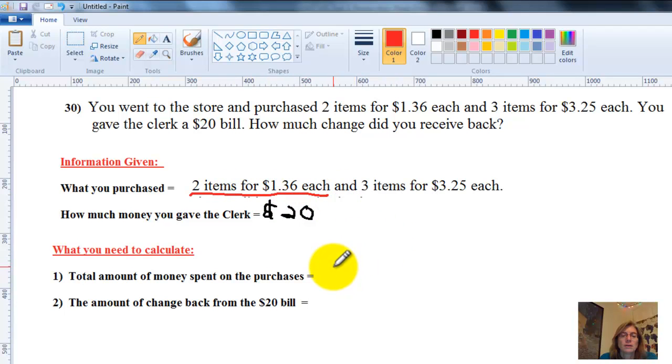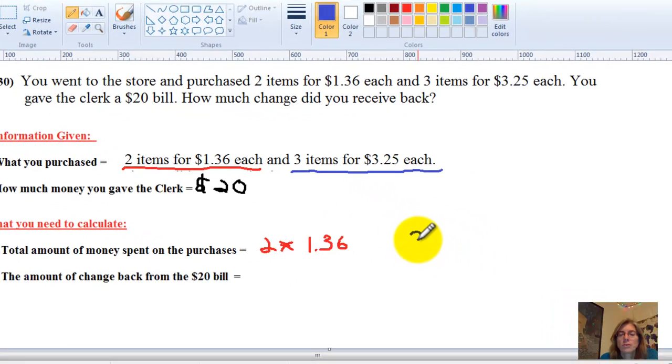So that will be 2 items times $1.36. When we do this math, we'll get a number. And then we're going to have to do 3 items for $3.25 each.